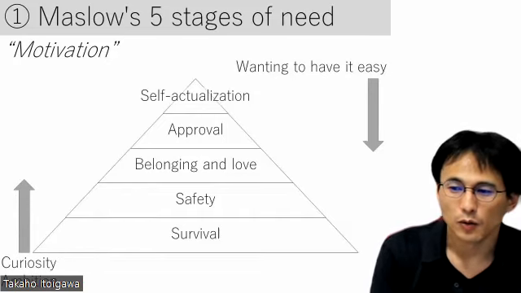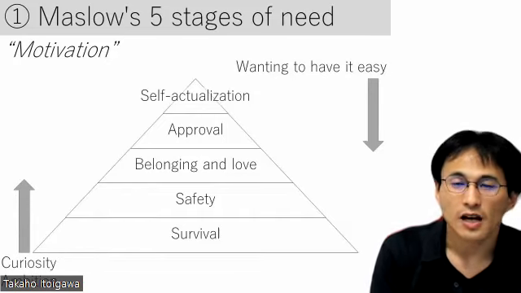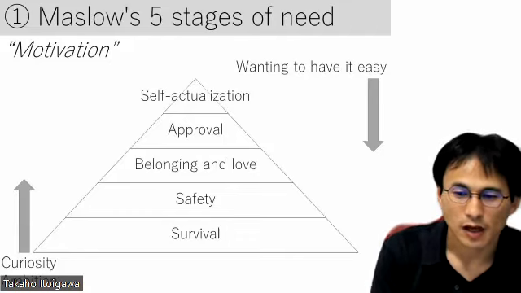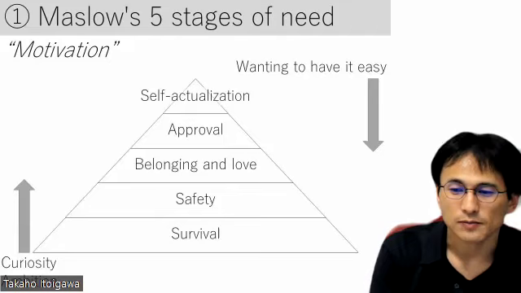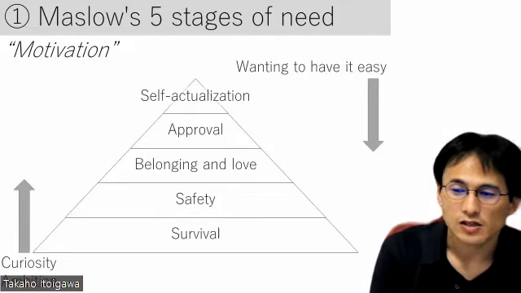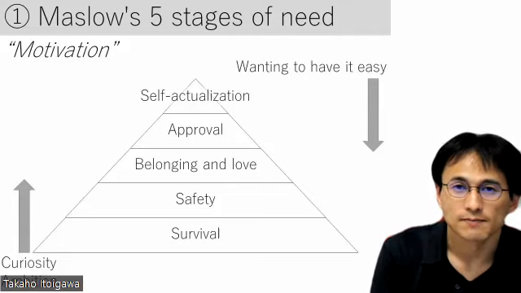The need for recognition is the desire for one's actions to benefit the organization. Self-actualization at the top is the desire for one's actions to be associated with personal benefit.